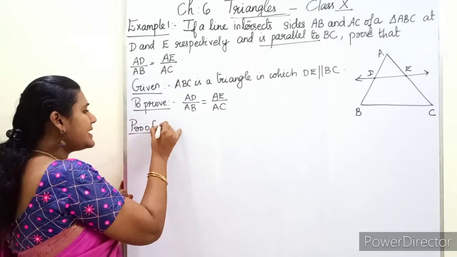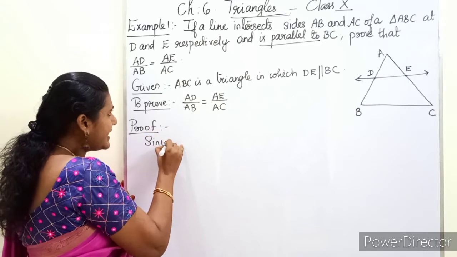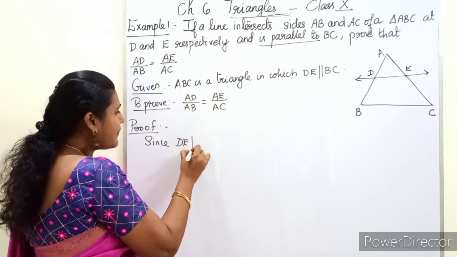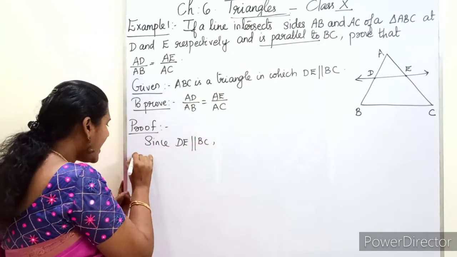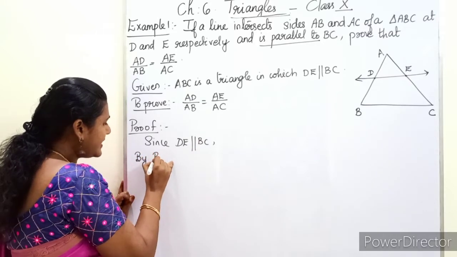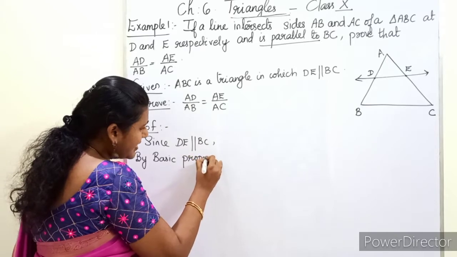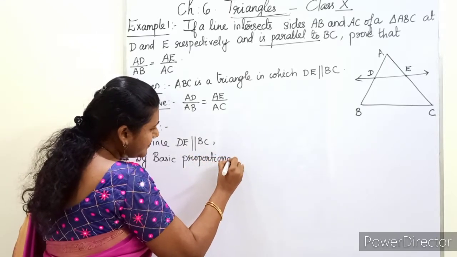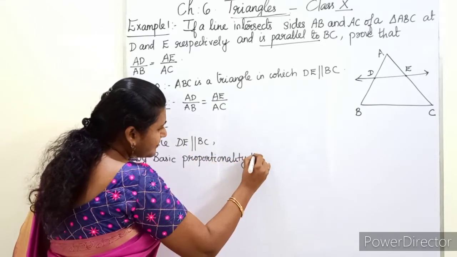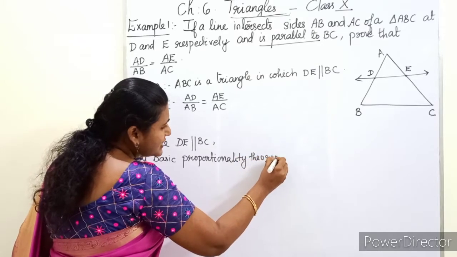First, since it is given that the line DE is parallel to BC, by the basic proportionality theorem we can write. What condition can we write?